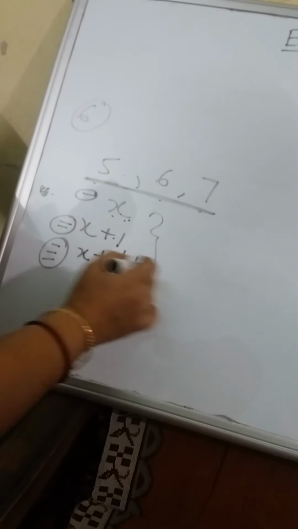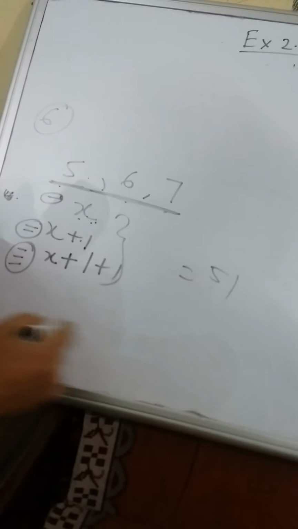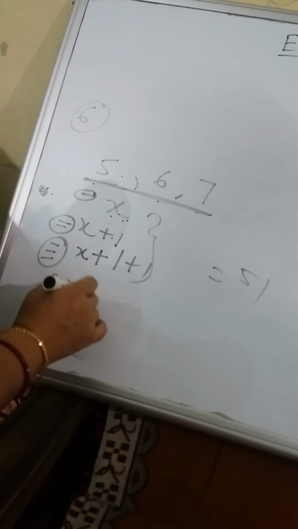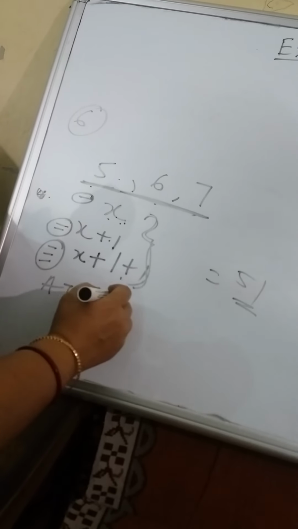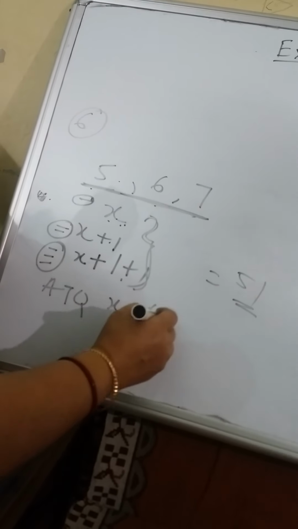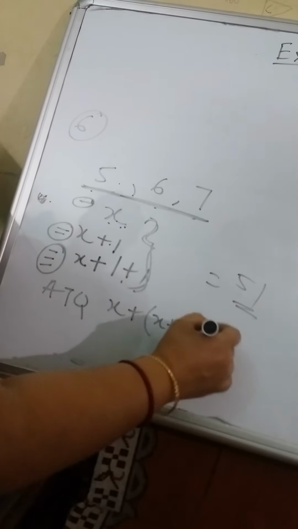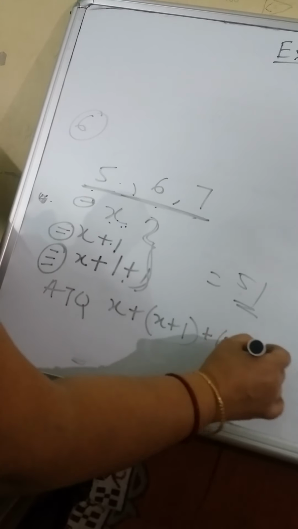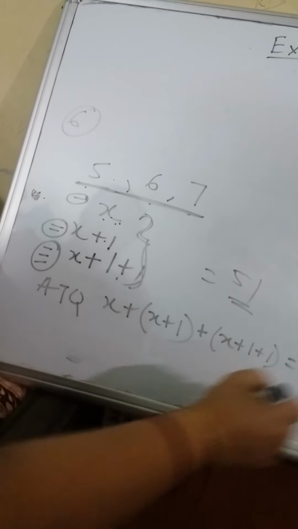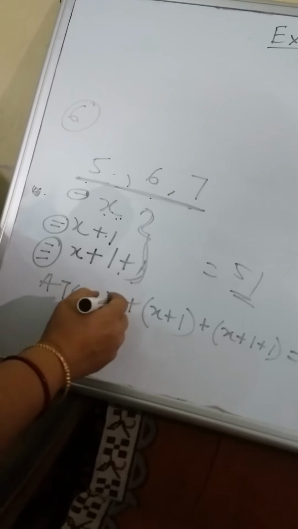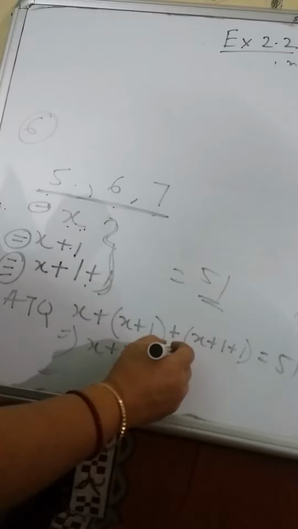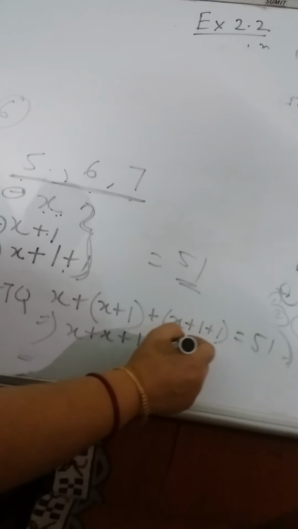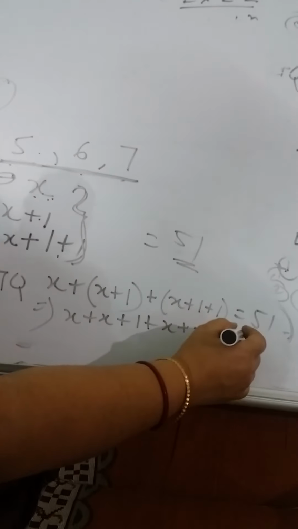According to the condition given, if you add up these 3 numbers, you will get 51. So x plus x plus 1 plus x plus 1 plus 1 equals to 51. So that is x plus x plus 1 plus x plus 2 equals to 51.